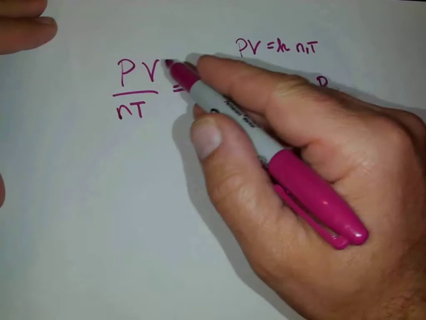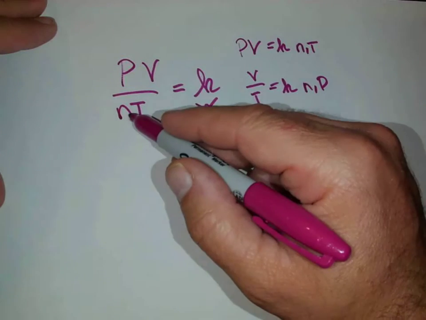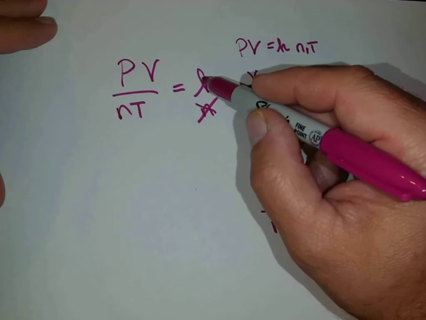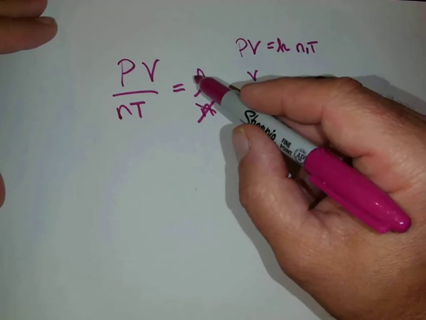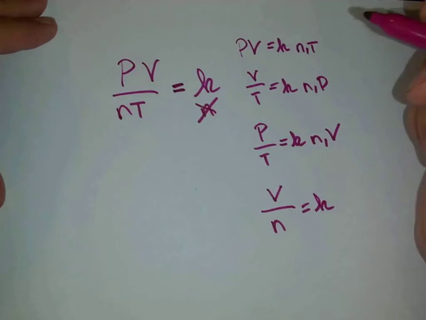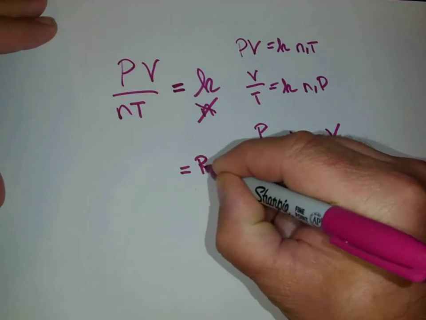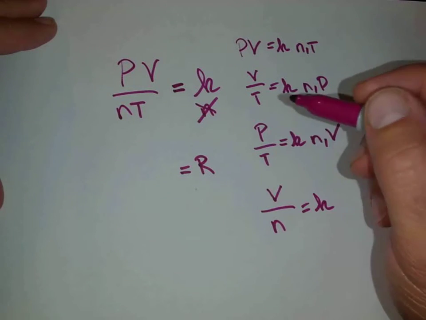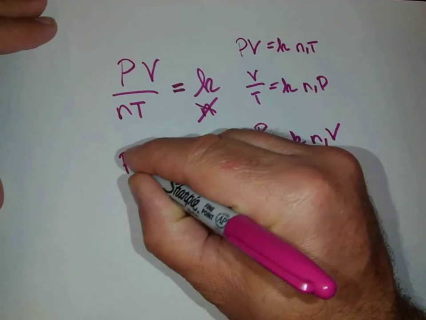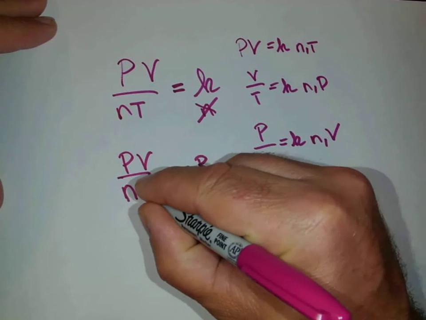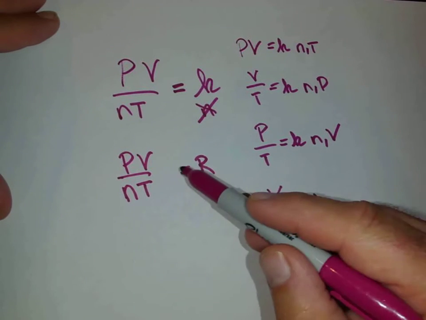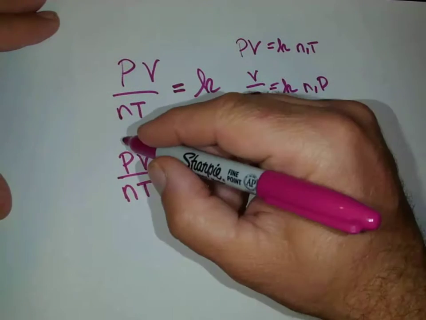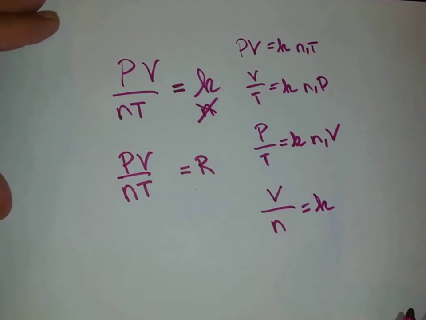When pressure, volume, moles, and temperature are not held constant, they are equal to what we call R, which is, believe it or not, a constant unto itself. So we have PV over the number of moles and temperature. It'll always equal a certain number. Now, this number will only change depending on whatever units of pressure.